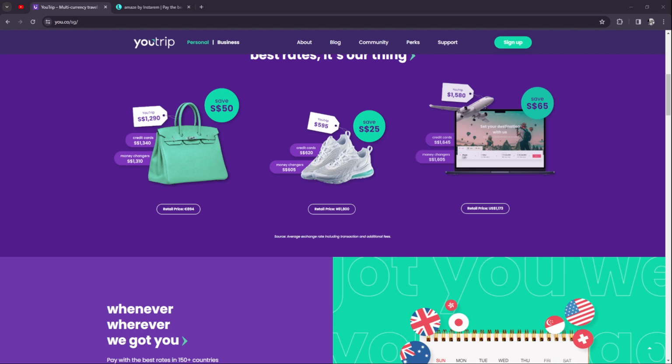Let's say you're working in Japan, and Japan's currency is yen. And then you're going home to Malaysia, which has a different currency, the Malaysian ringgit. If you bring a card that's registered to a Japanese bank, you can still withdraw in Malaysia, in your hometown.